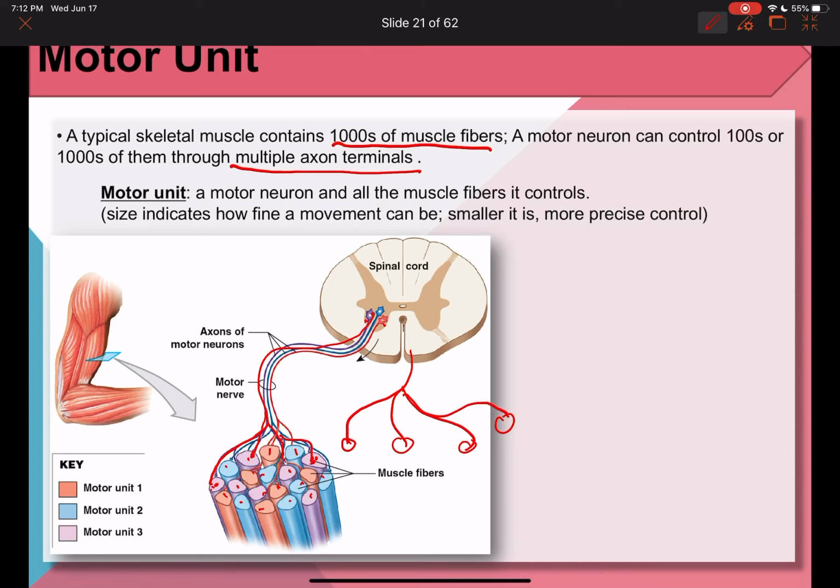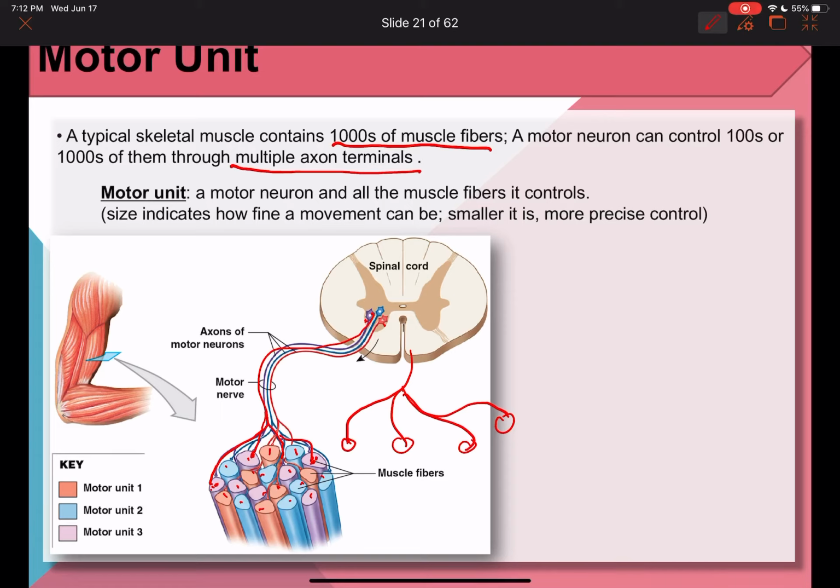That's not efficient in saving space. Our body is already compact enough with blood vessels, lymphatics, muscles, organs, etc. So we need to save space. This is why we have one neuron controlling multiple muscle fibers at the same time.